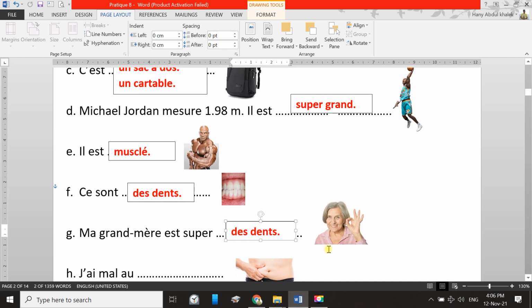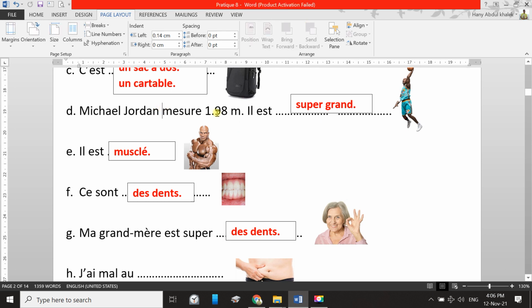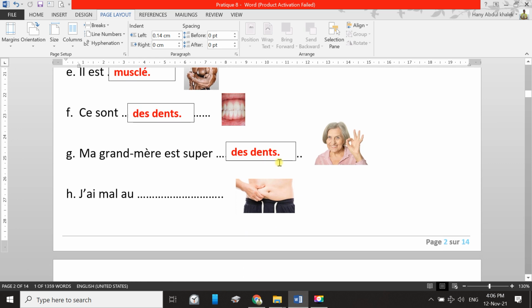But sure, here, when I give you a hint, this is my grandmother. I didn't say any other person. So we can say she is very old. Like when I said here, Michael Jordan. I said this hint just because I need this adjective. But if you understand it autrement, with another way, and it's correct grammatically and in the meaning, sure, okay, it will be correct. Why not? If it comes in the exam, I mean.